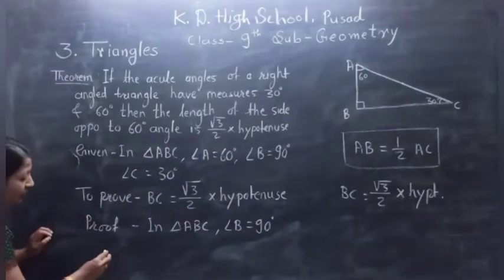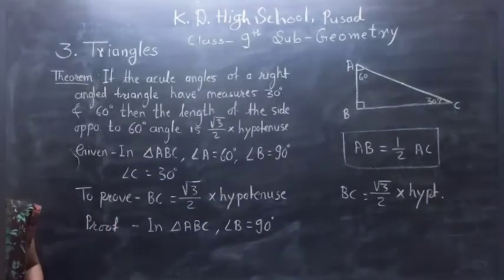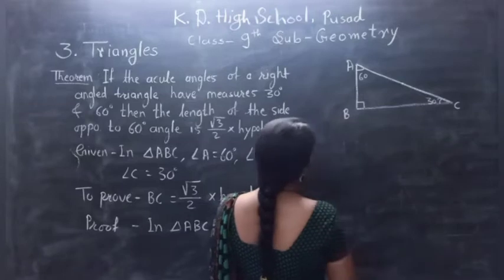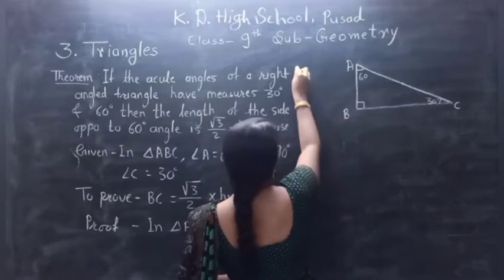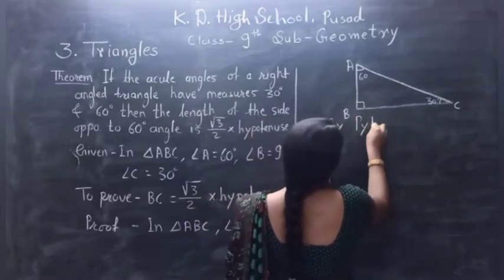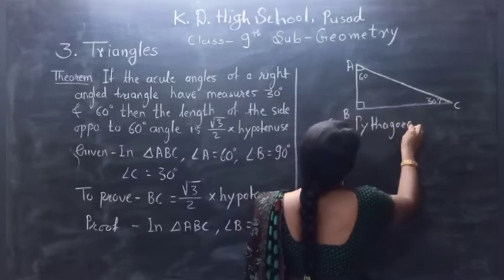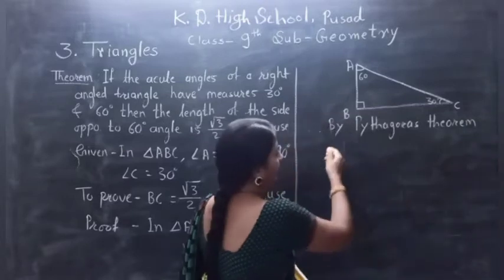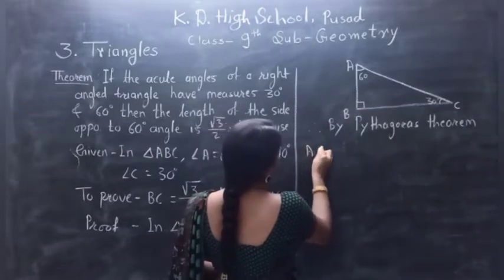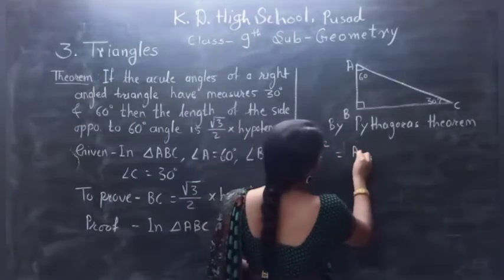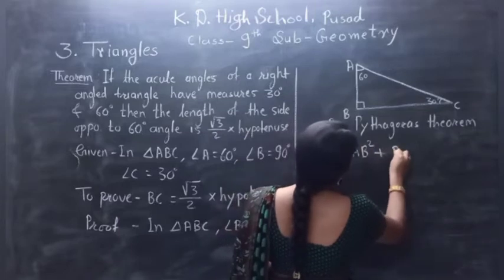Therefore by Pythagoras theorem, what is the Pythagoras theorem? Hypotenuse square is equal to AB square plus BC square, that is AC square is equal to AB square plus BC square.